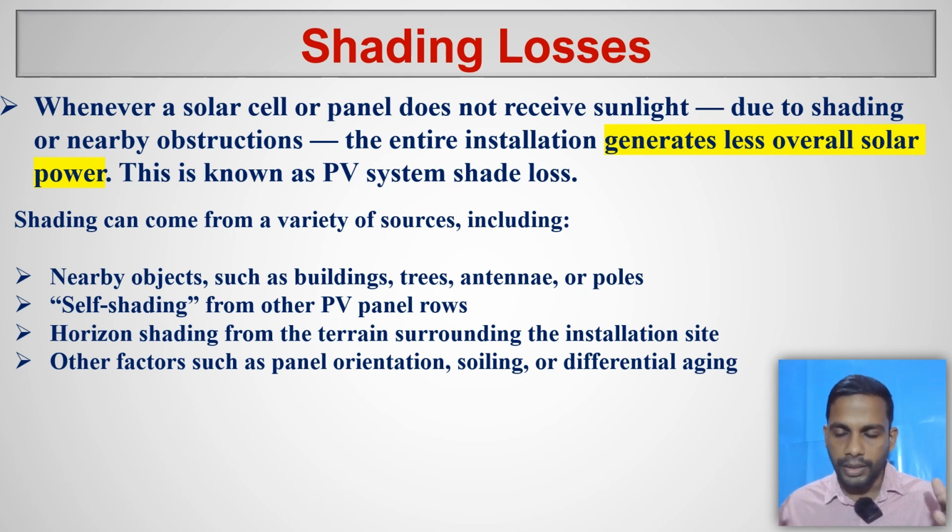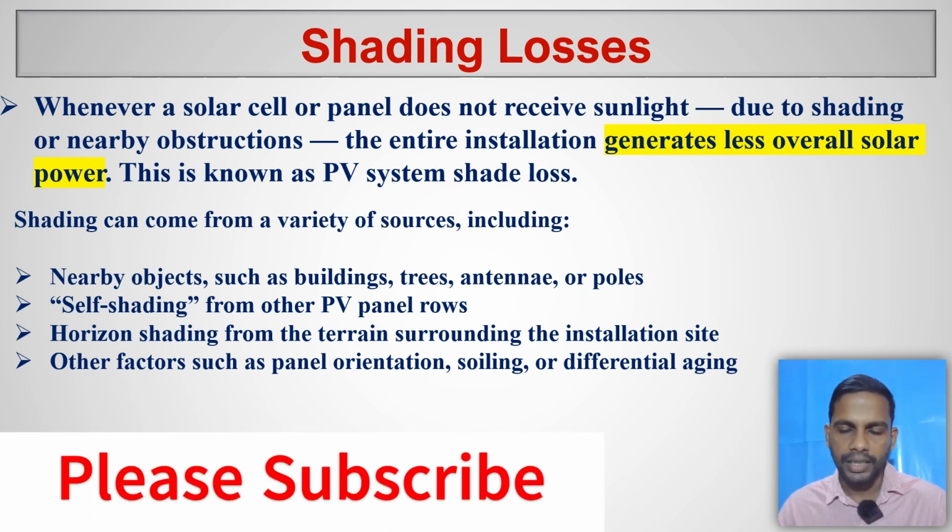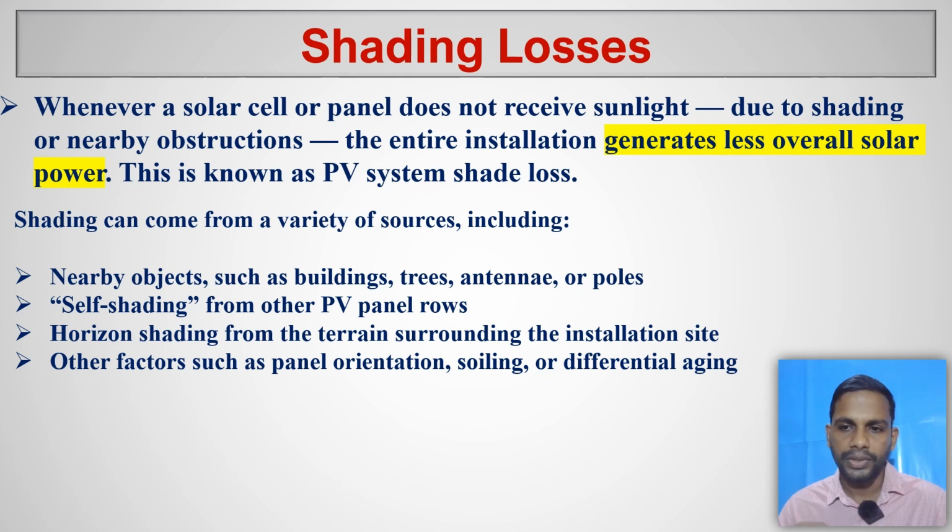Both kinds of shading reduce your solar production, but we will deal with these two scenarios separately. If one particular cell is shaded in a module, what will happen? As we learned previously, if we have 36 cells, all the cells are connected in series to get the output from the solar module.